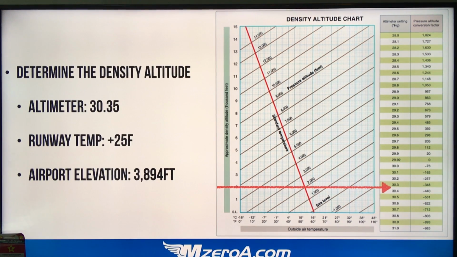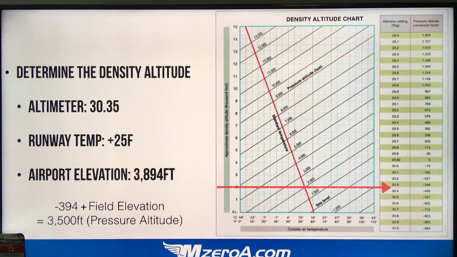We split the difference between 30.30 and 30.40. We interpolate between those two numbers, and I get roughly about a negative 394 feet. I subtract that from my field elevation to get a pressure altitude of 3,500 feet.